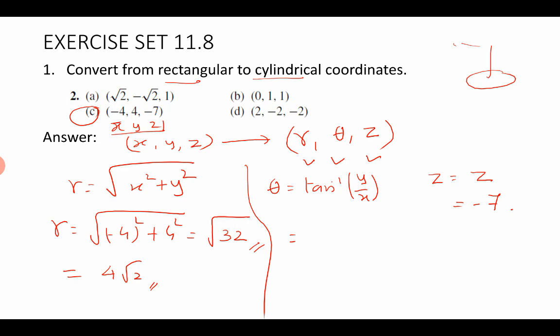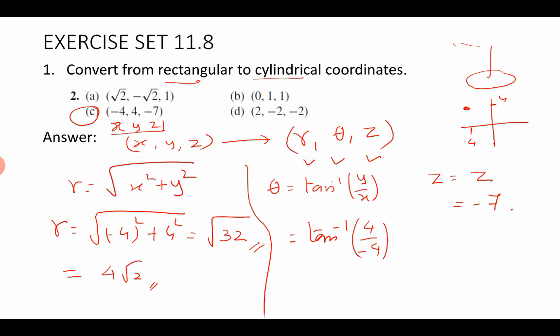Here, tan inverse y over x. Tan inverse of 4 over negative 4. Whenever x is negative, you should be careful about the quadrant. So I am writing here, x is negative on this side, y is positive 4.